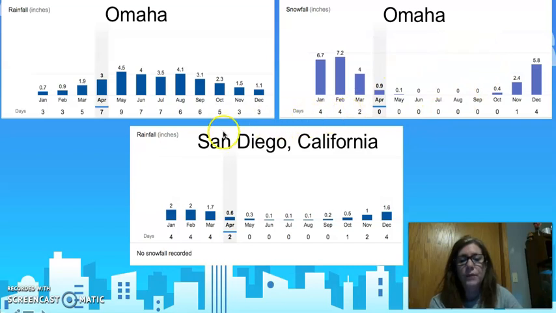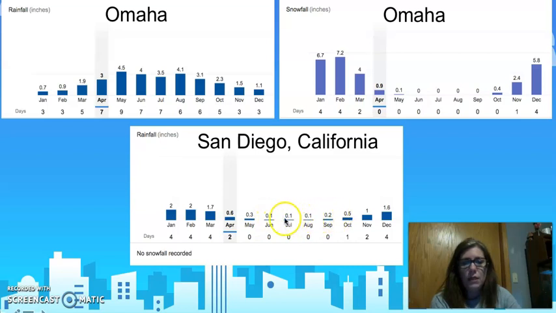However, now if we go down to San Diego and we look at their rainfall, they will have more rain in the winter months. So in January, they might have 2 inches of rain, where we're getting 6.7 inches of snow. But then if you look at the summer months, they don't get very much rain at all.